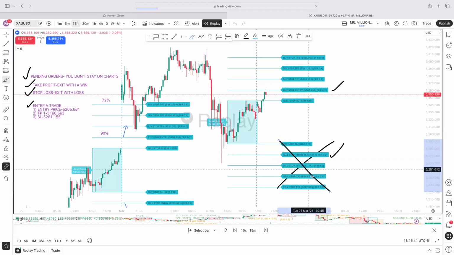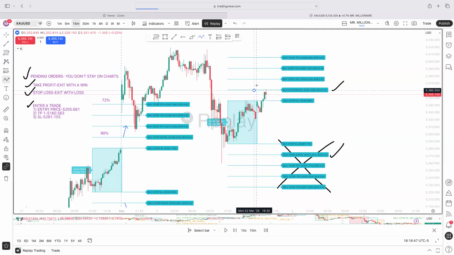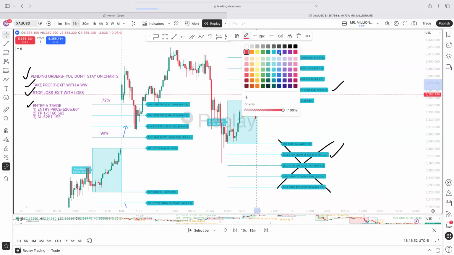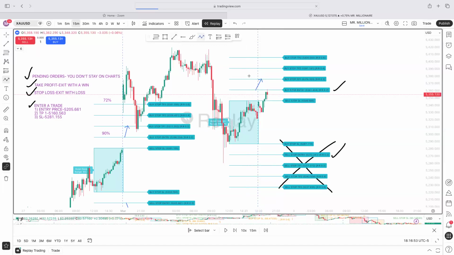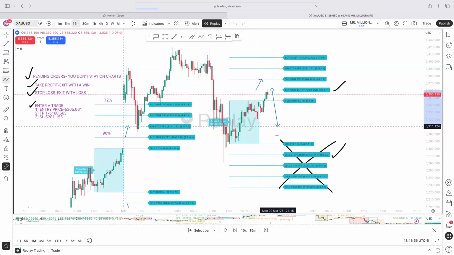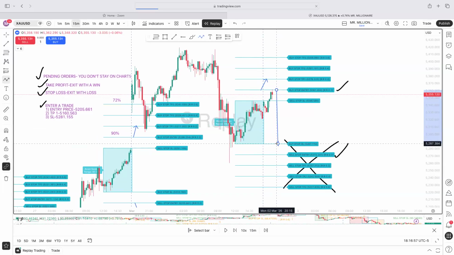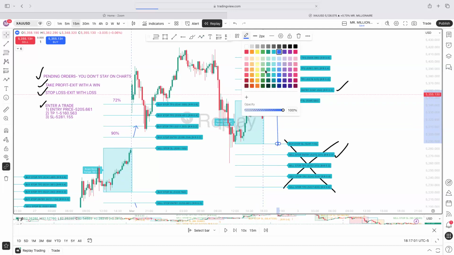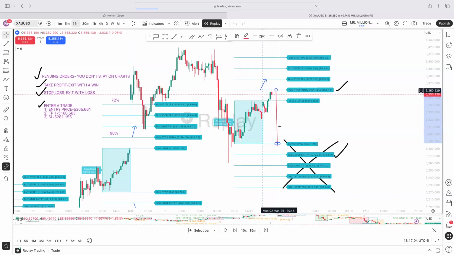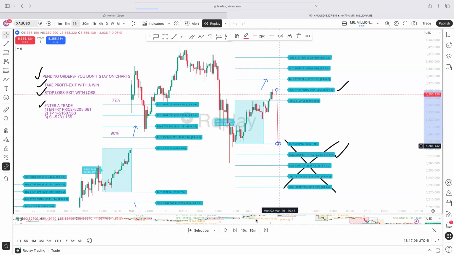So once that sell stop entry is out, all we're concerned about is this buy going from here to here for us to win, or it's going to go from here down to our buy stop loss. I'm going to turn that red for you guys. And then it's going to take us out in the loss without us losing our entire account.